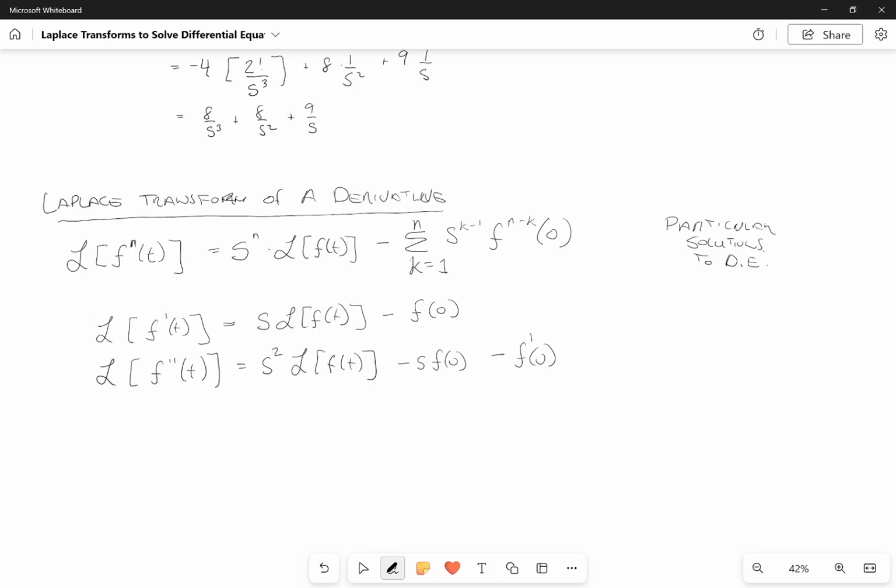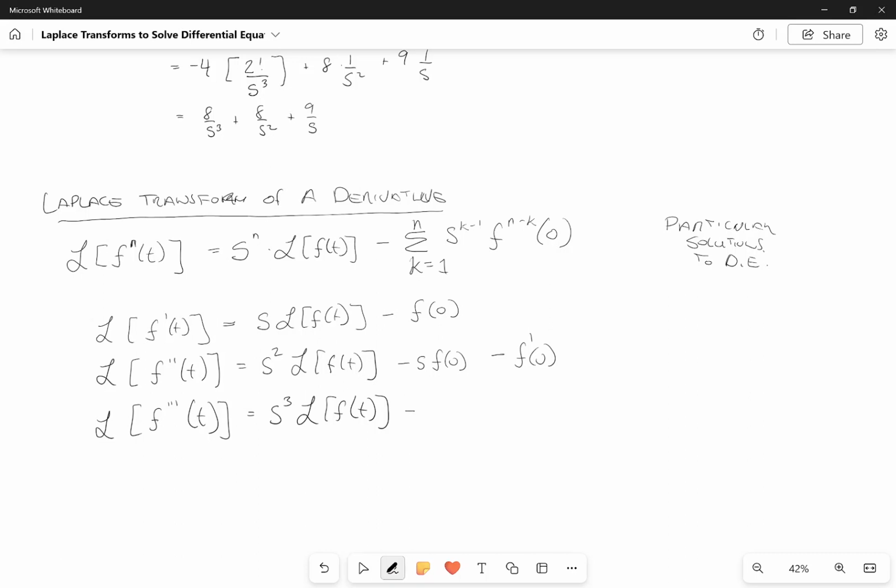Applying the same formula, I'm just going to show you, because we'll see the pattern in a second. F triple prime of t is s to the 3 times the Laplace transform of f of t. It's saying s to the k minus 1.